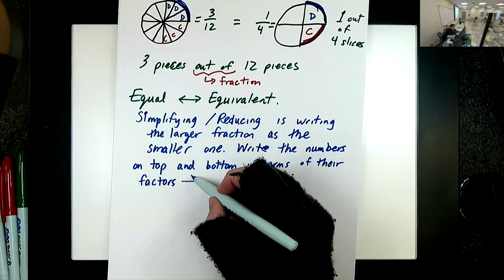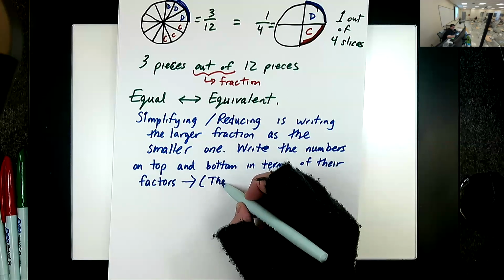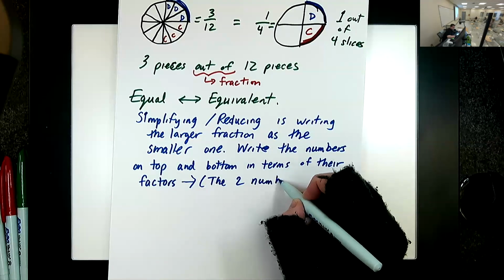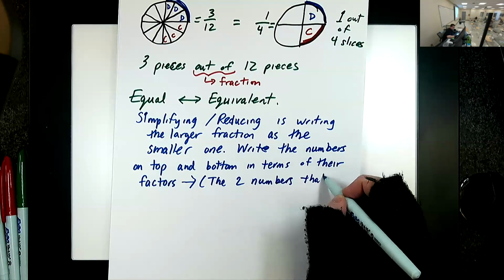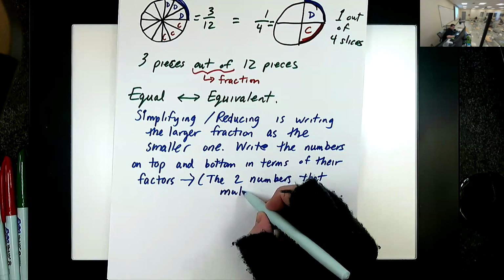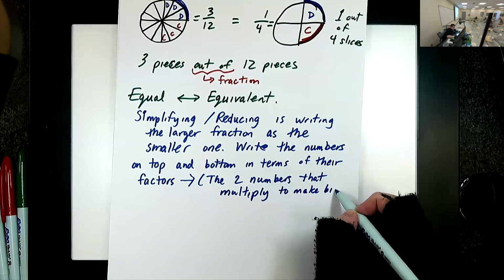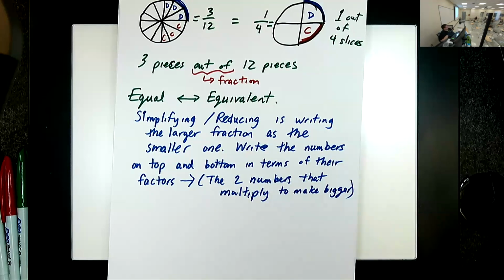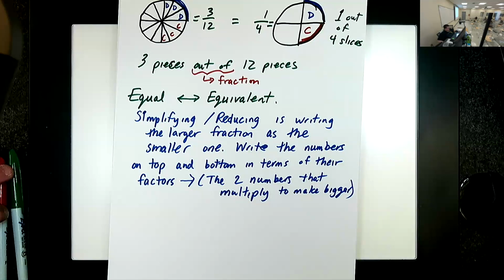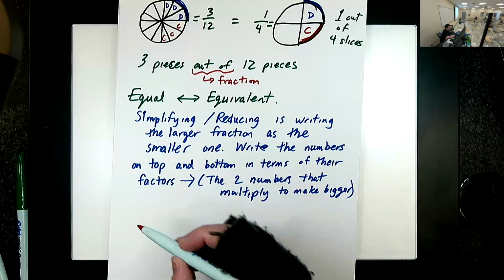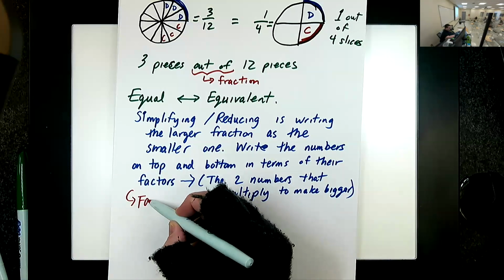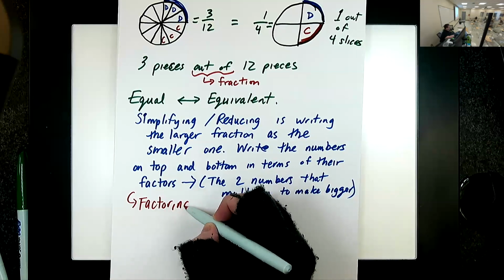A factor is like the two numbers that multiply to make a bigger number. This process of writing the numbers as smaller numbers multiplied together is called factoring because you write them as factors.